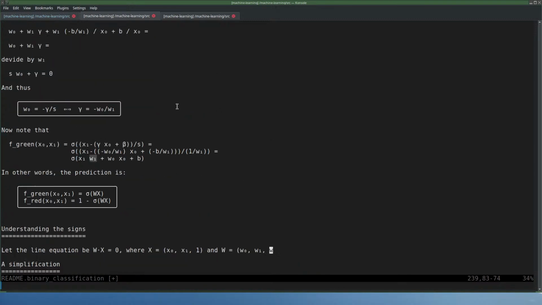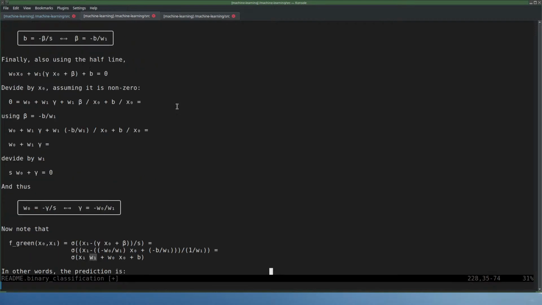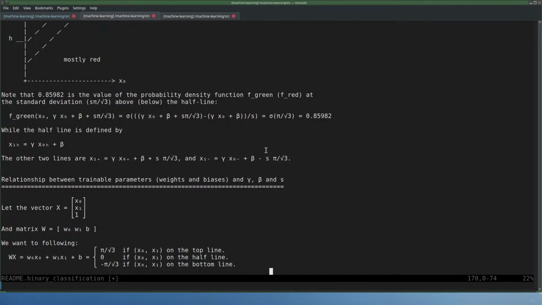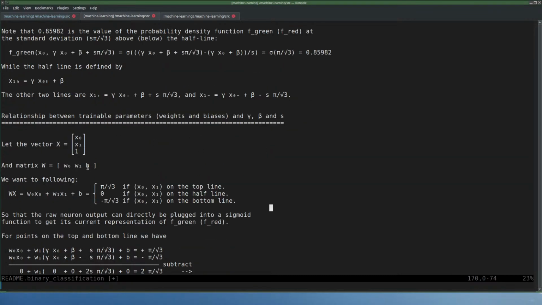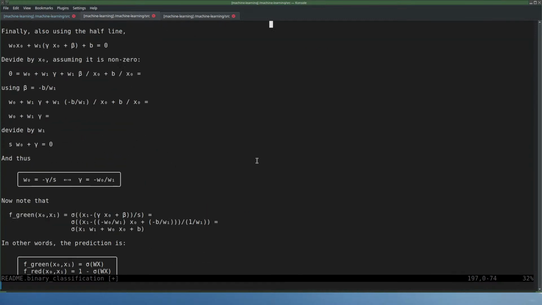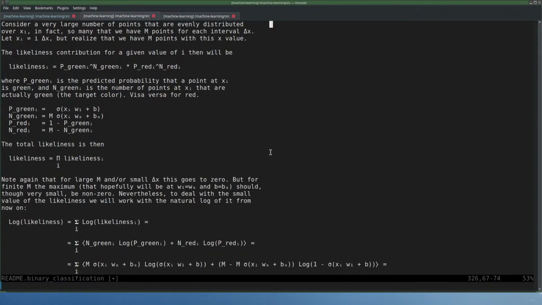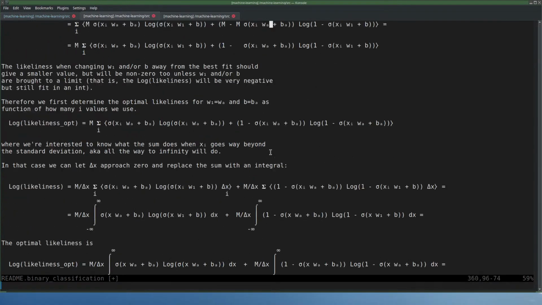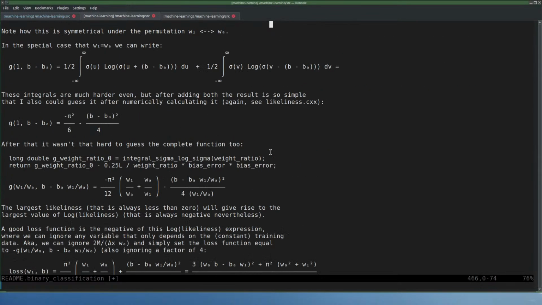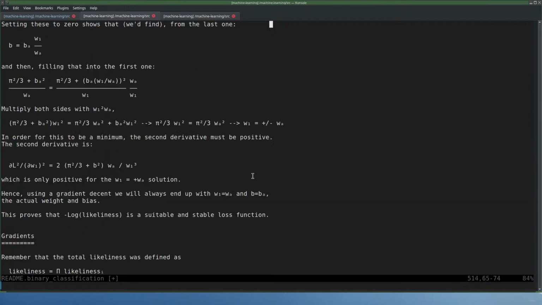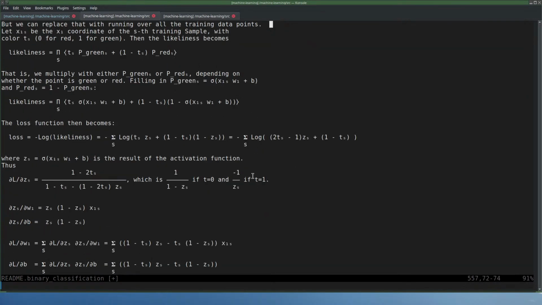Subscript 2. Where are you? It's already simplified. Don't tell me I don't have a subscript tool here.